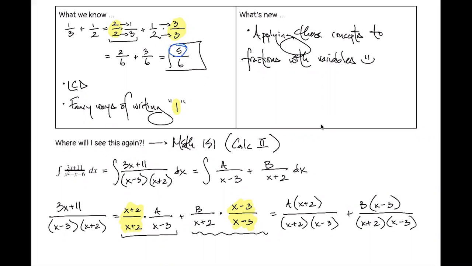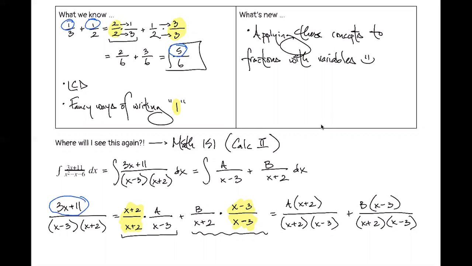Okay, so this 5 in the numerator is kind of like our 3x plus 11. But if you look in the original fractions, where it came from, there's a 1 on the top and a 1 on the top over here. So in our original question, there was no 5.